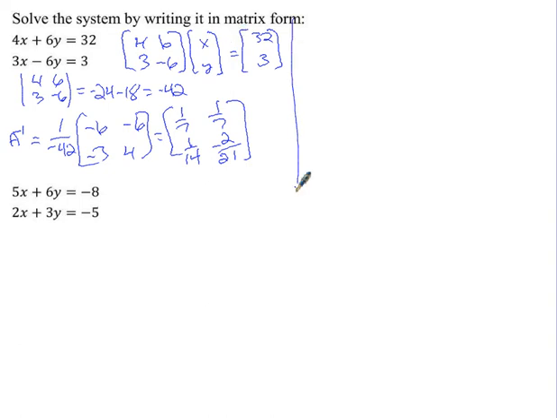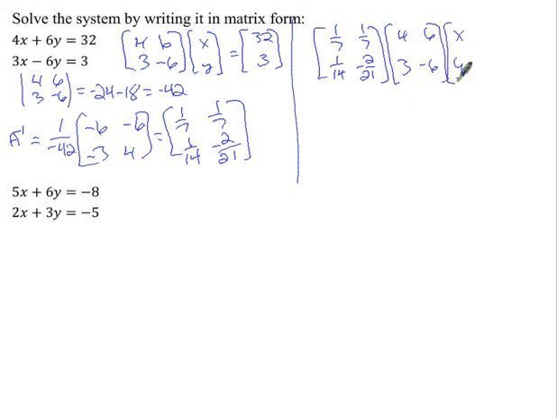So this becomes my inverse matrix, 1/7, 1/7, 1/14, negative 2/21, times my coefficient matrix, 4, 6, 3, negative 6, times my variable matrix, xy, equals my inverse matrix again, 1/7, 1/7, 1/14, negative 2/21, times my answer matrix, which is 32, 3. All right, let's do this multiplication then.